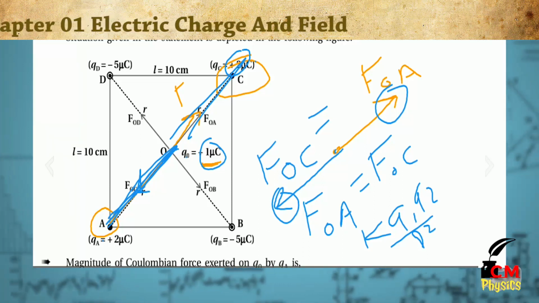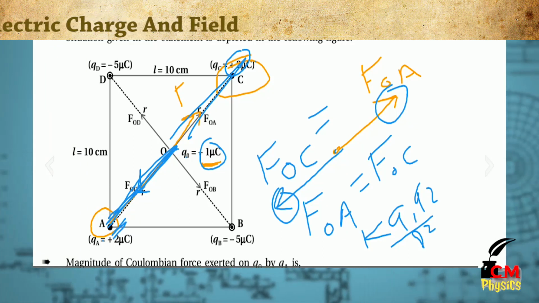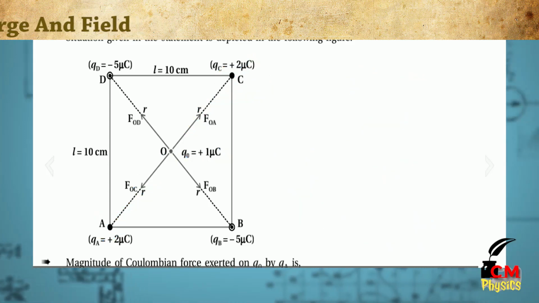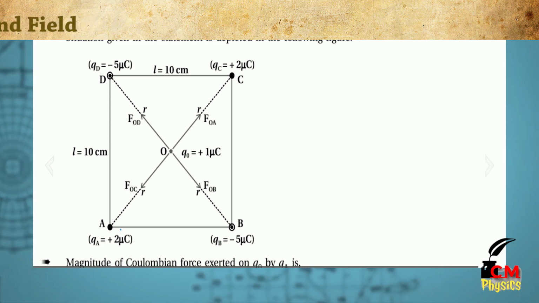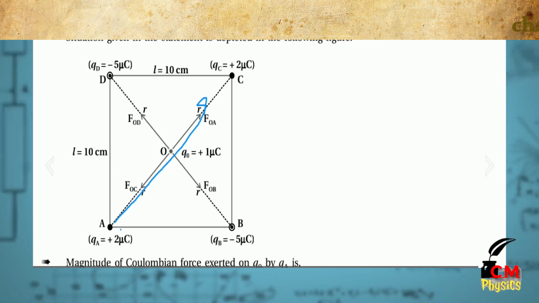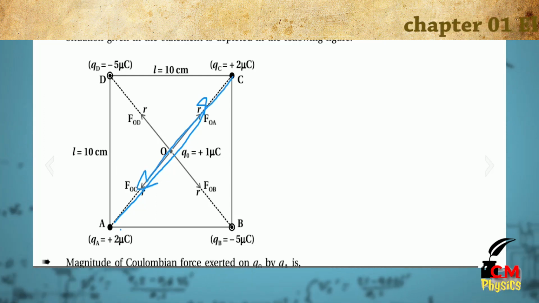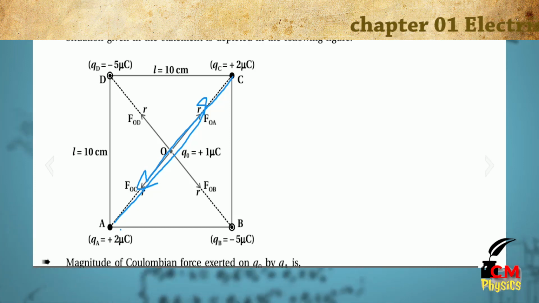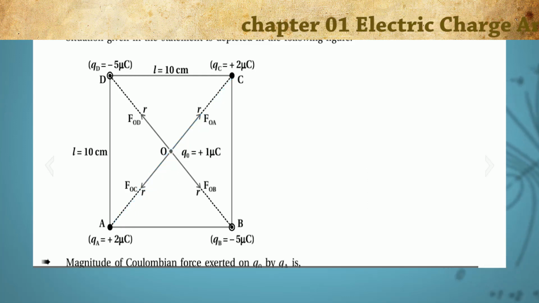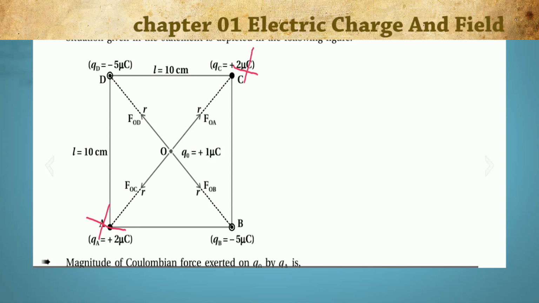Therefore, they neutralize each other, and their resultant force due to A and due to C is 0. Means the force of A on O and the force due to C on O are equal in magnitude and opposite in direction, so they neutralize each other. We are saying there is no resultant force due to A and due to C over O.